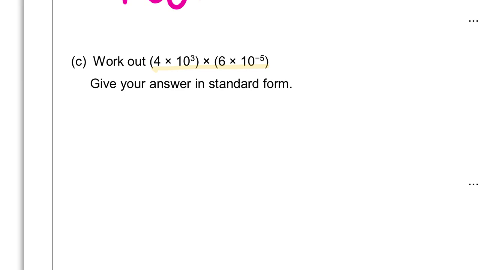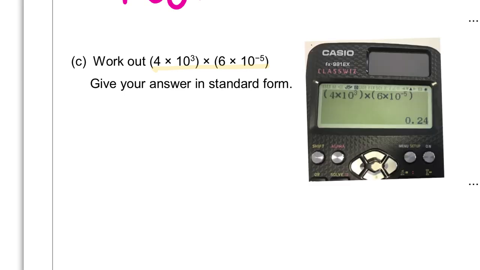Oh, it's giving me a syntax error. Wait there. Okay, so you can literally just type it in. It's going to give you 0.24, and then you can move the decimal. So this is going to give you 2.4 times 10 to the -1.